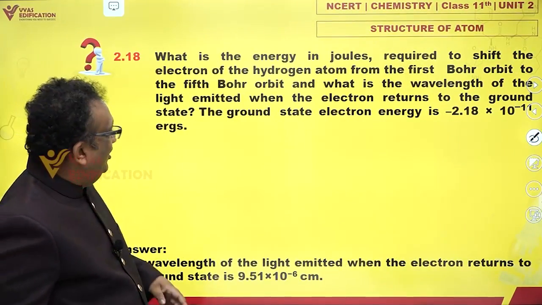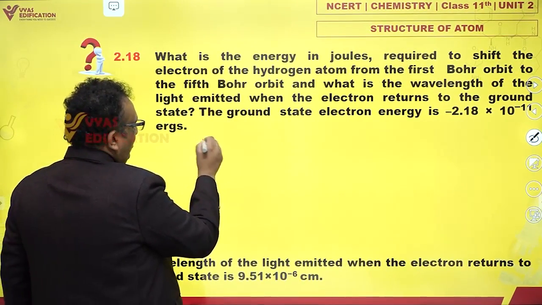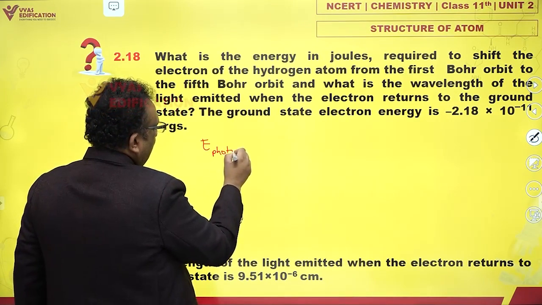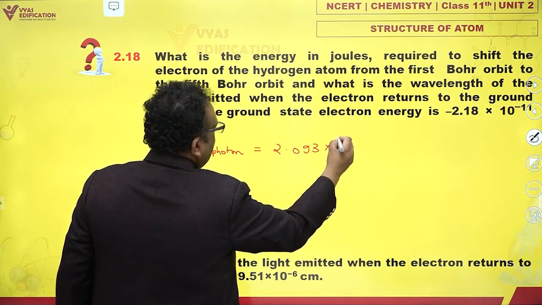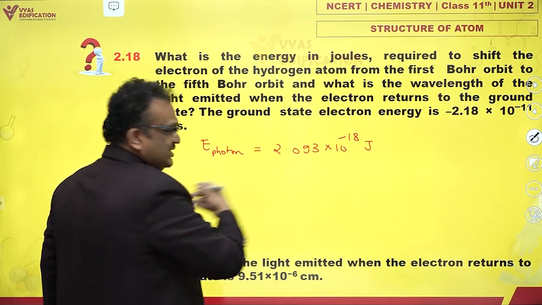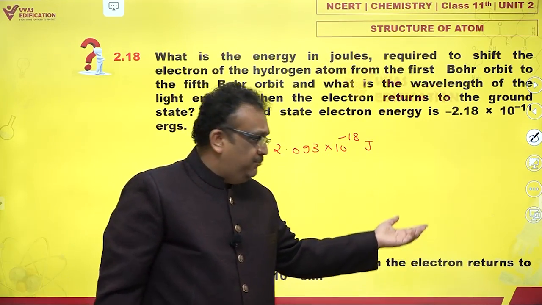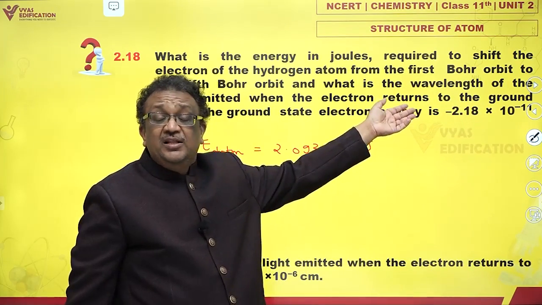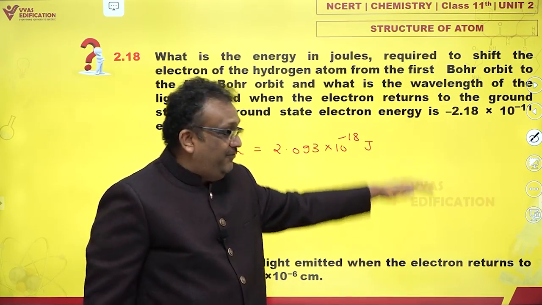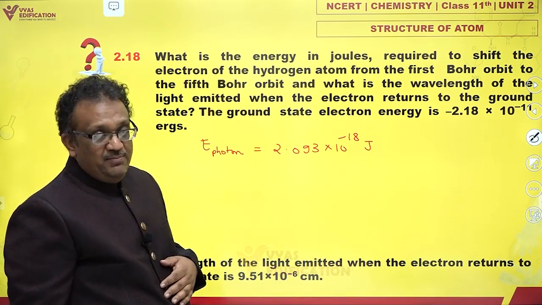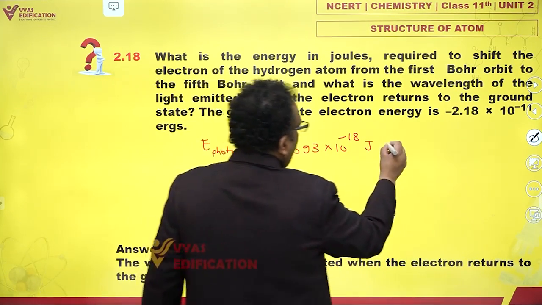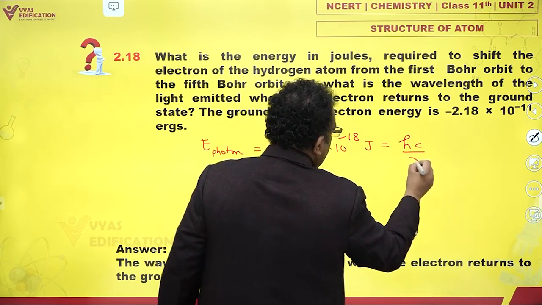So let us find the wavelength of light. Now, energy of photon, we know this is 2.093 into 10 raised to minus 18 joules. We just calculated whatever energy is absorbed from 1 to 5, the same energy will be emitted from 5 to 1 if you go back. This is energy of photon emitted, which will be equal to hc by lambda.